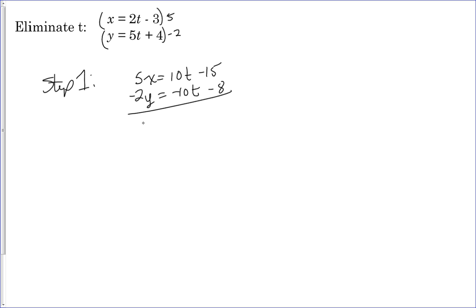All right, so now if you add, of course, this just becomes 5x minus 2y. That cancels. So this equals negative 23.